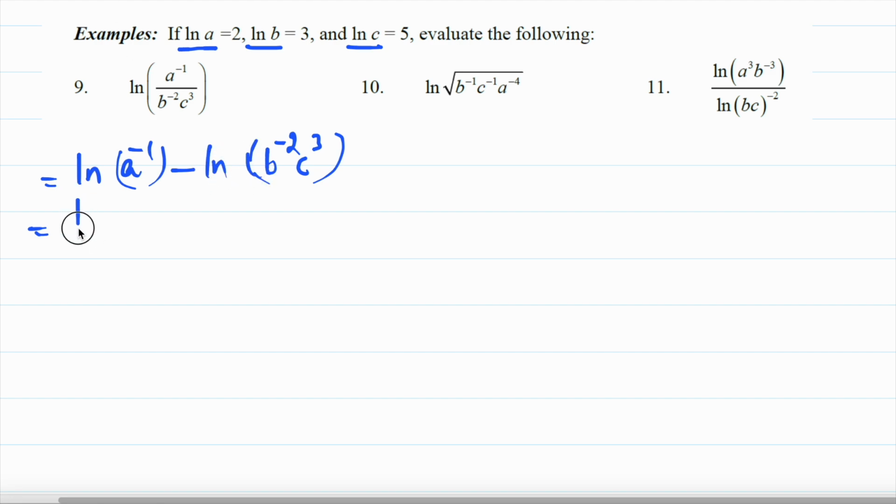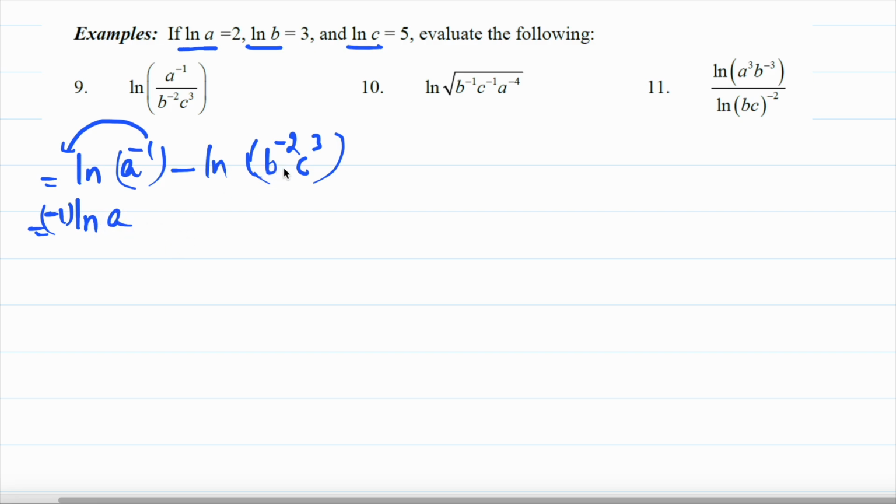So we have natural log a to the power negative 1, which can be written as 1 over a, or you know what, let's do it this way, because there is a negative power. This negative 1 I can bring to the front by using the third property. So it's going to be negative 1 times log a.